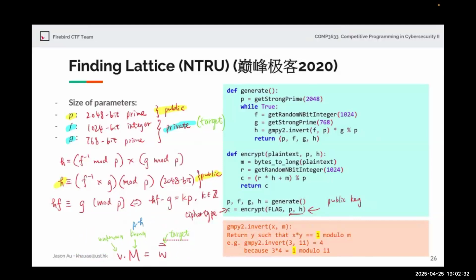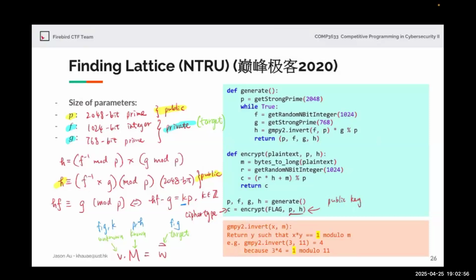Known is P and H because public keys are known. So P and H are what we know. And unknown should be F and G. Also, this K is unknown. So we have F, G, and K unknown. And our target is F and G.